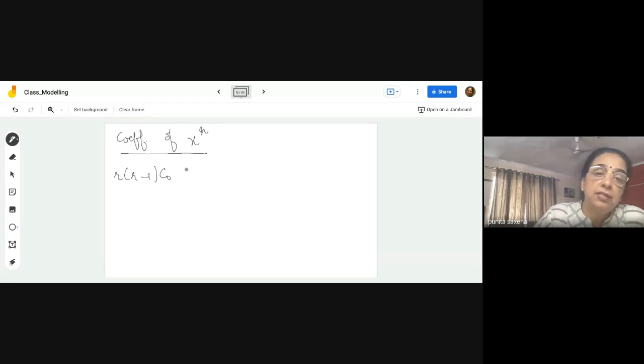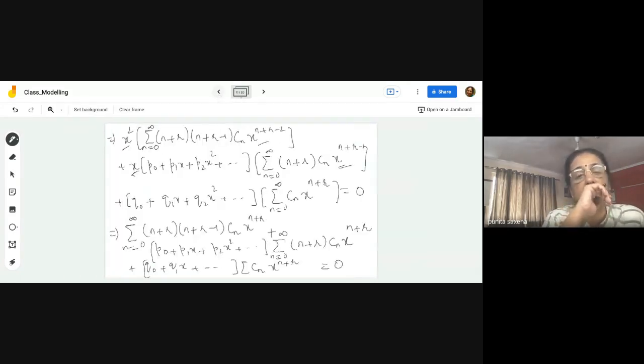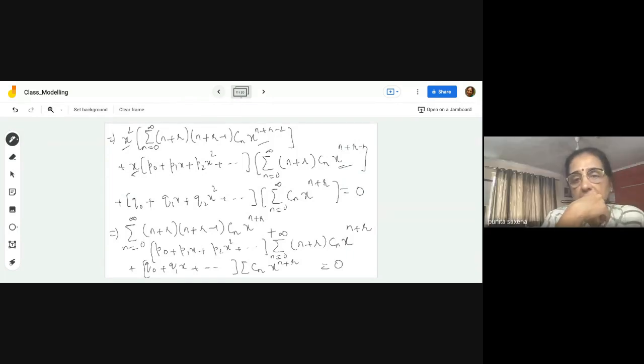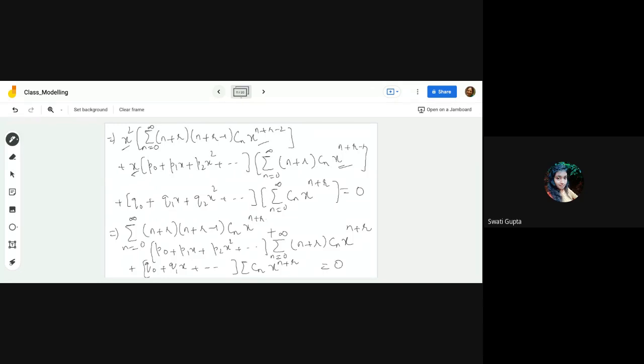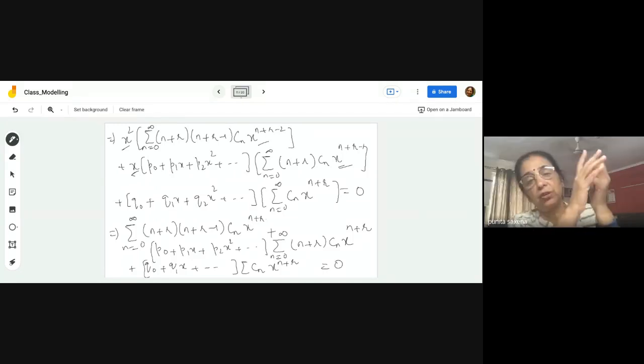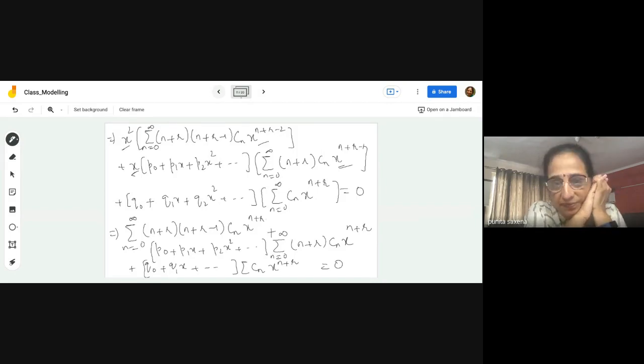What about the second term? Now this is interesting. Ma'am, 1 plus r into r c1. Where did 1 come from? I'm saying x to the power r. From the second term, what will be the coefficient of x to the power r? It's r c naught.